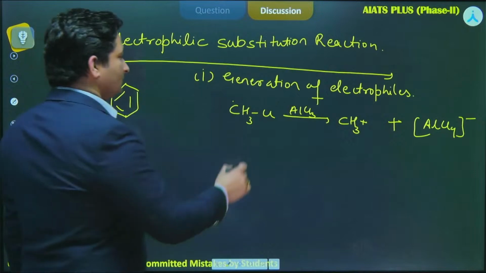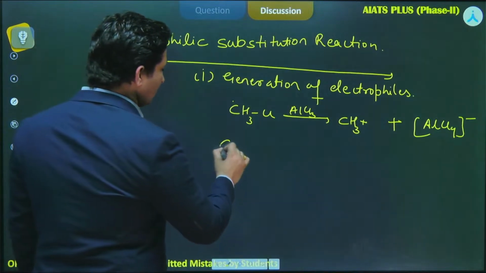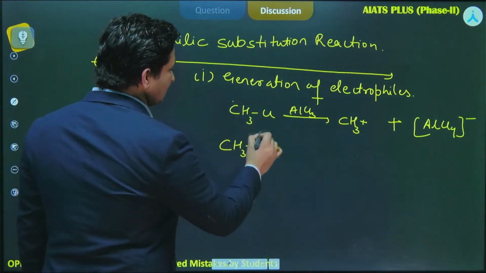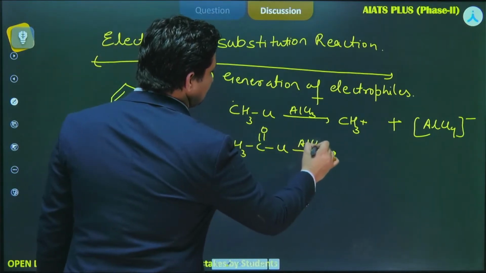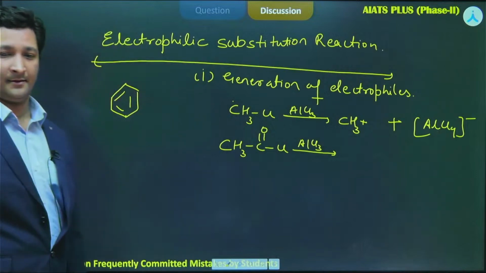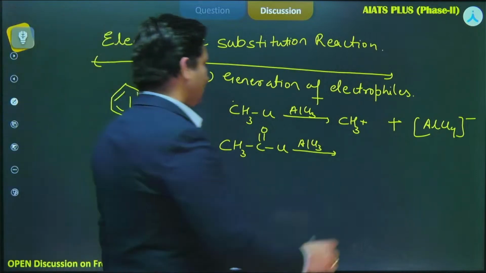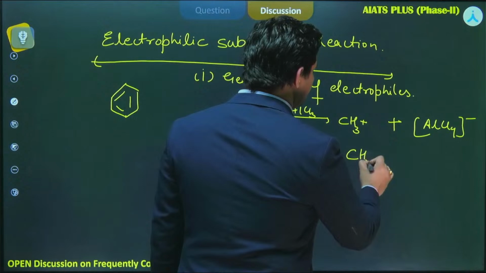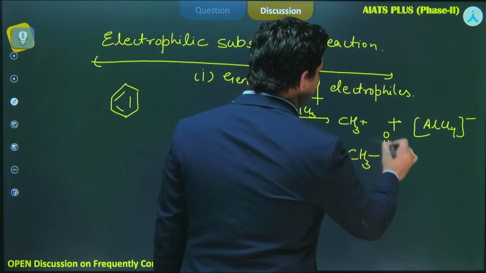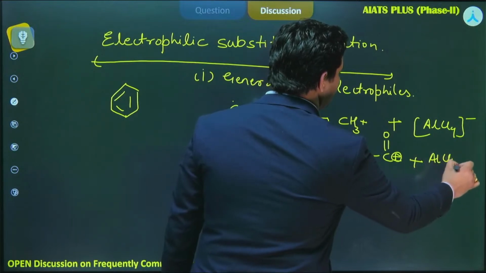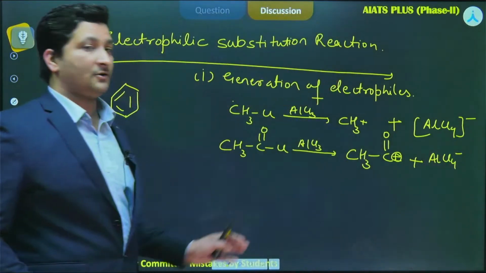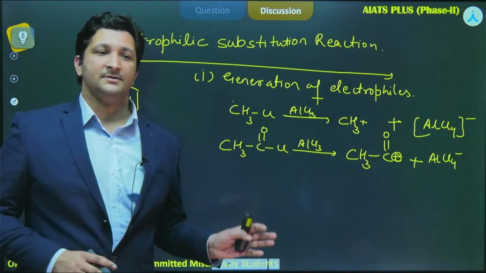Now during acylation, this CH3 C double bond O Cl will react with AlCl3. Okay, and then this will form CH3 C double bond O plus and AlCl4 minus. So this is how electrophiles are being generated.